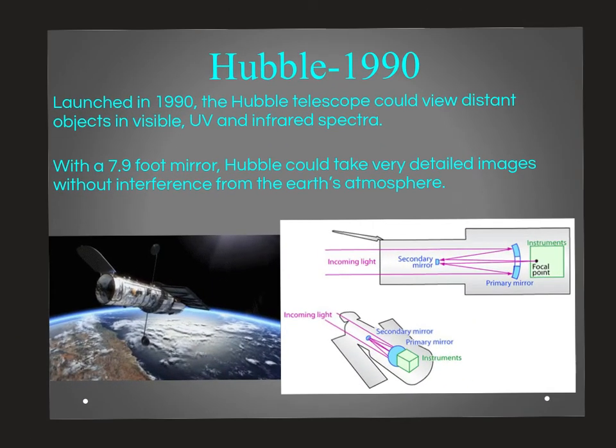Okay, now Hubble, 1990. You saw a video on this yesterday. Launched in 1990, the Hubble telescope would view distant objects in visible, UV, and infrared spectra, keeping in mind that, remember, the electromagnetic spectrum is comprised of a continuous spectrum of things that go from most energetic to least energetic.